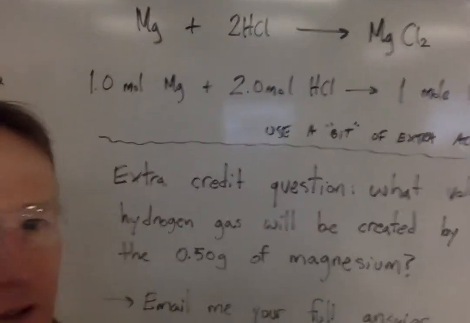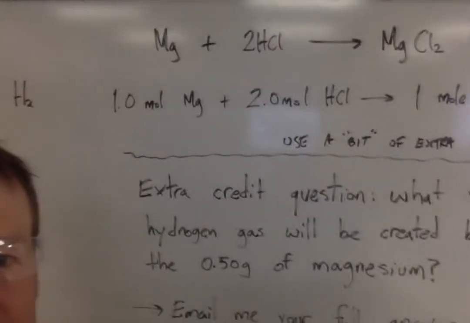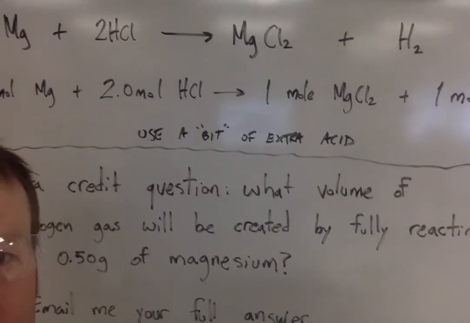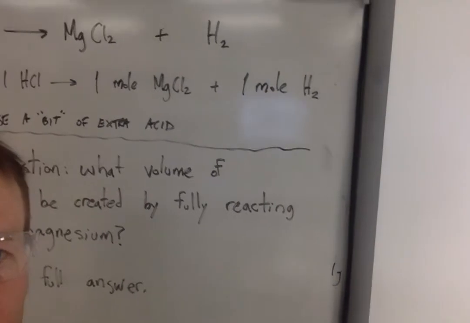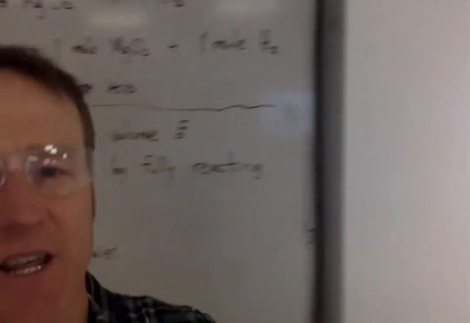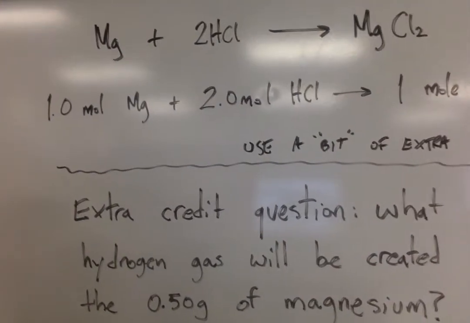We can use more concrete language and say 1 mole of magnesium will react with 2 moles of hydrochloric acid to create 1 mole of magnesium chloride and 1 mole of hydrogen gas. Those coefficients have a real-world application: they're chemical amounts.